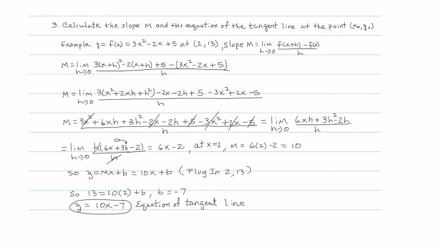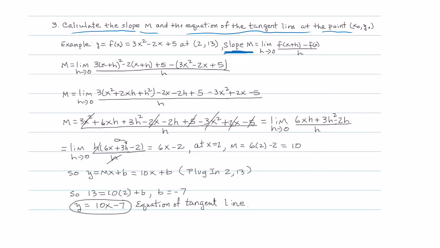Now, a very important thing that you need to be able to do is to calculate the slope m and the equation of the tangent line at the point x0, y0 of a function. You will have to understand and remember this formula.